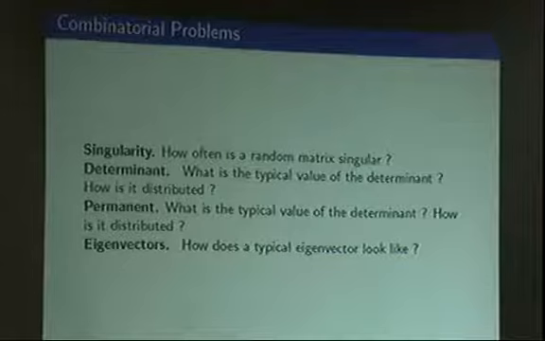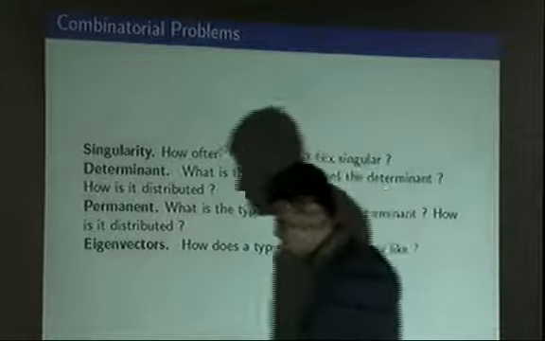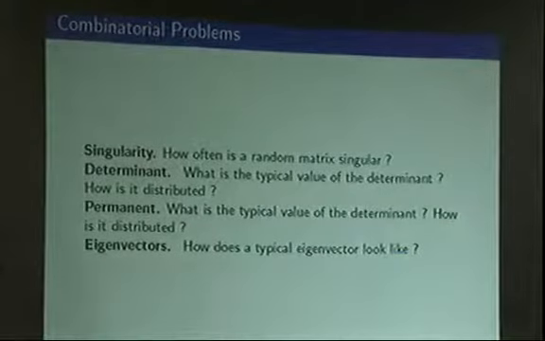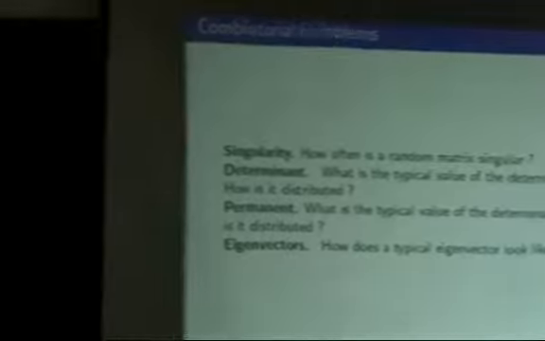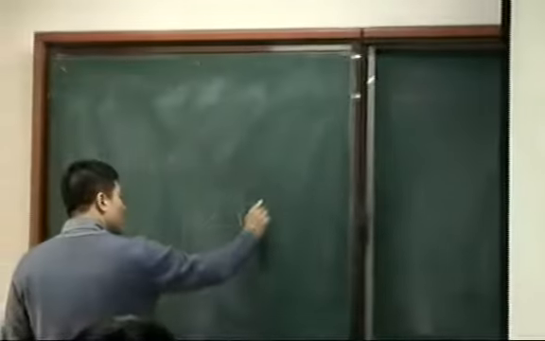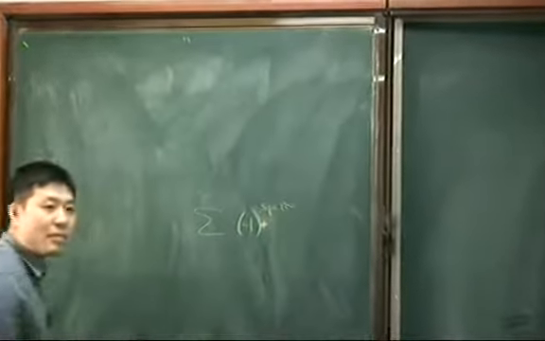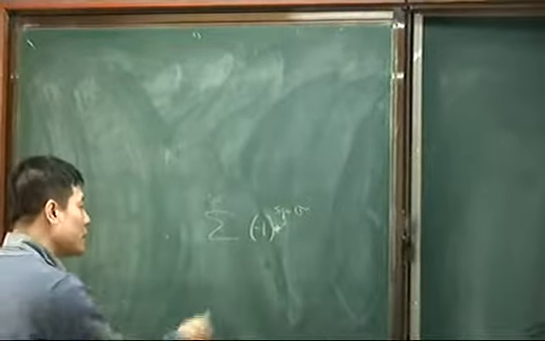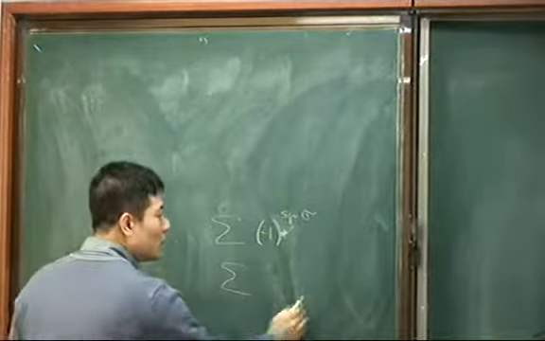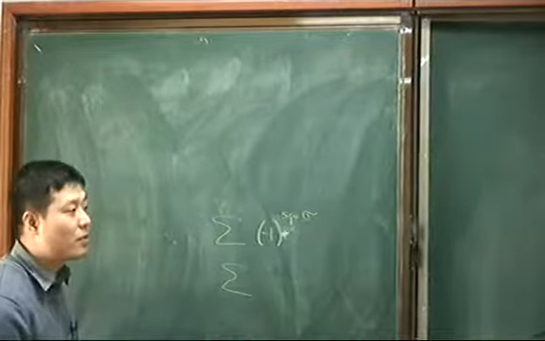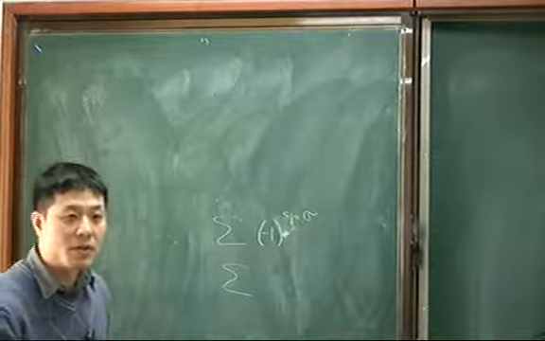I don't see a difference between determinant and permanent. Well, the difference is in the definition, right? The definition of determinant has the minus sign, and the permanent doesn't have this. So the permanent can be quite different from the determinant for the same matrix.